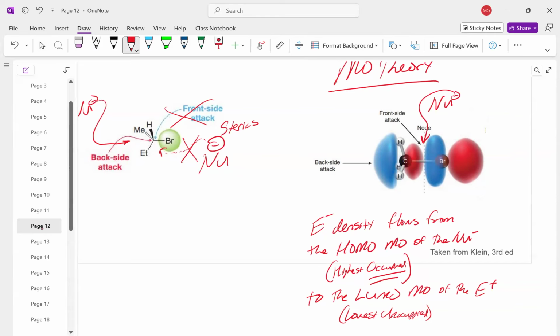No electron density can exist at the node. And so that would result in no bond being formed. Rather, the highest occupied molecular orbital of the nucleophile has a really great opportunity to overlap with the LUMO of the electrophile by attacking from the backside.